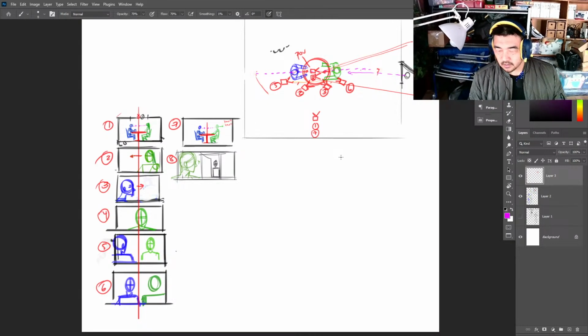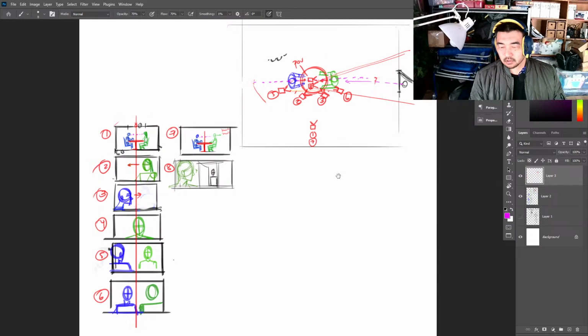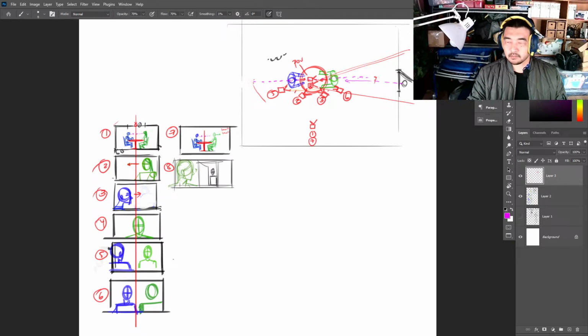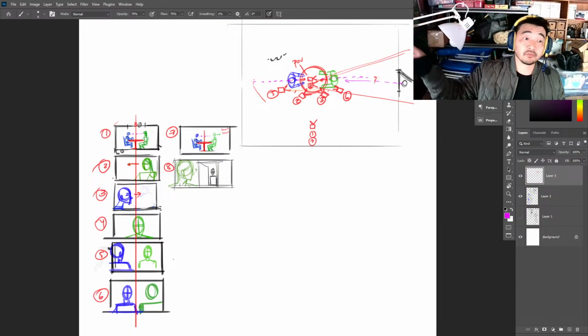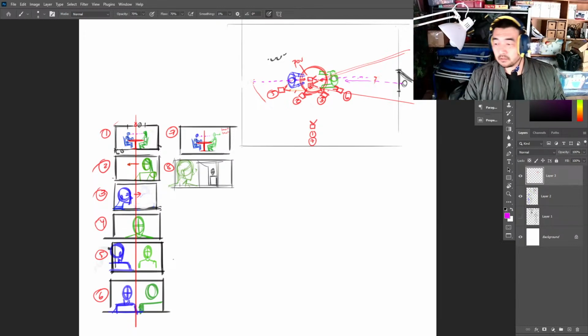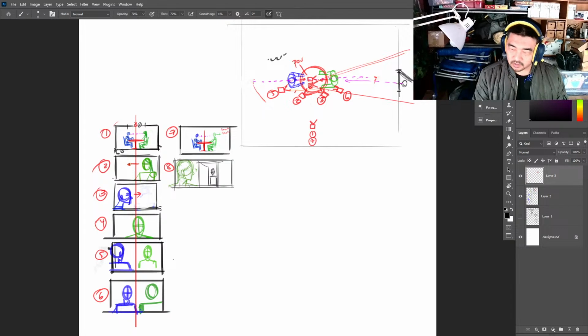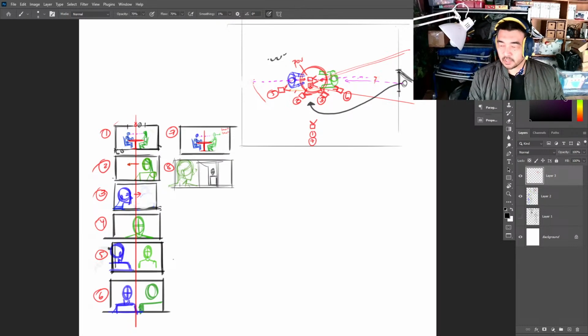But let's say, what if they came from a different place? But no, let's just keep it like that. Let's say this character is going to come around this way and go right there. Let's see what happens.